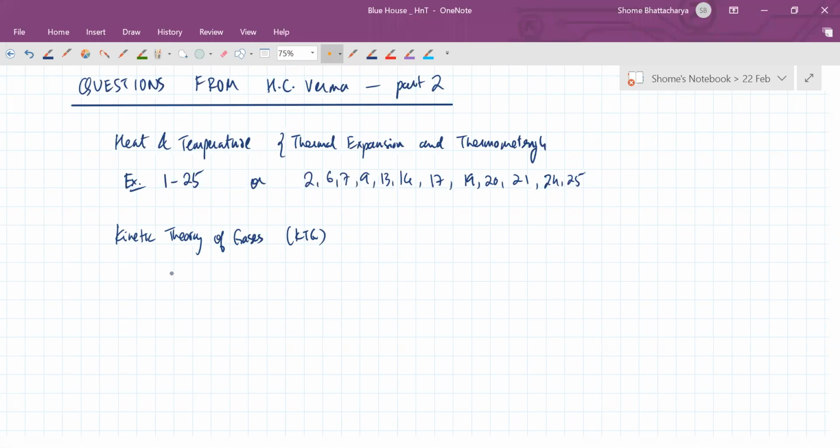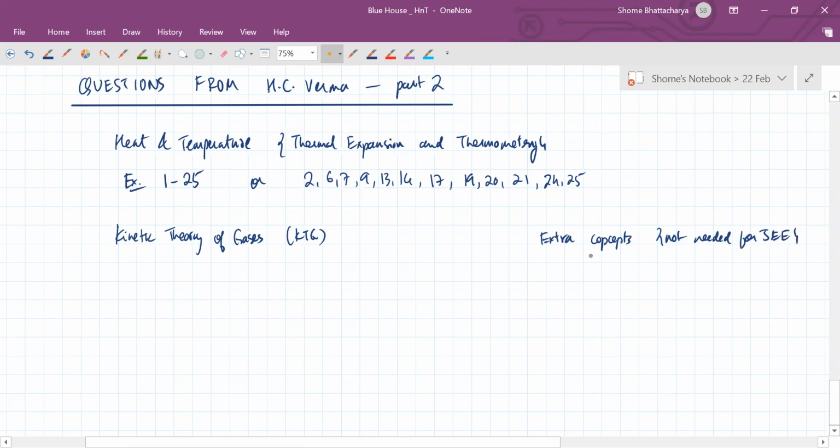Now this chapter has some extra concepts which are not needed for JEE, so you don't need to go through these.